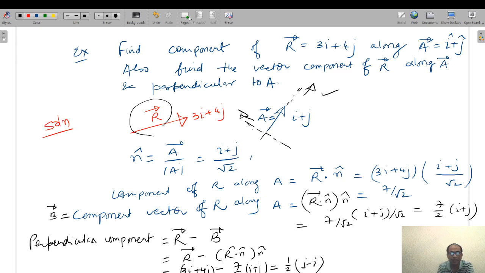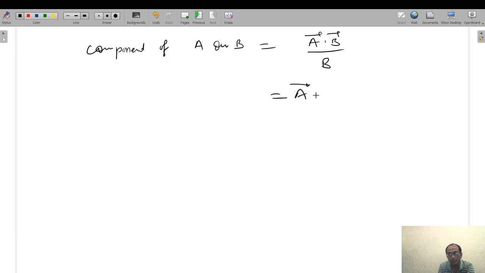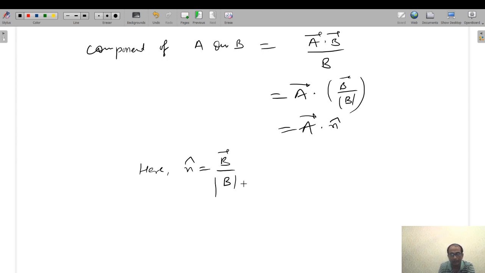So basically what I am trying to say is, if I write the component of A on B, I write it like this: A dot B divided by the magnitude of B. This is nothing but A dot B vector divided by its magnitude. And this is the unit vector along B. If I define the unit vector, n cap is this B vector divided by its magnitude.